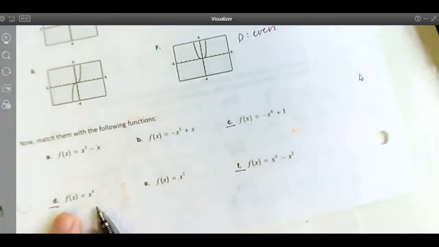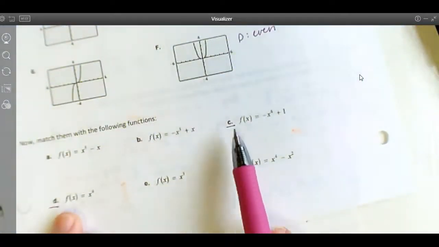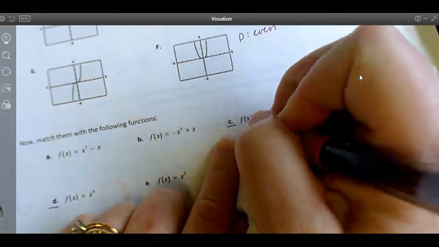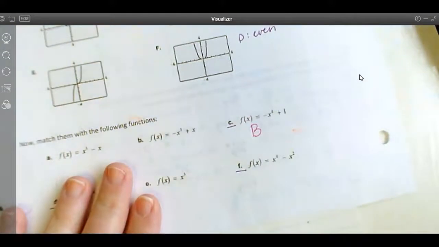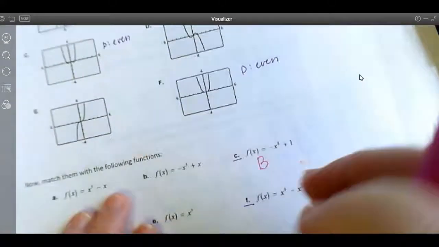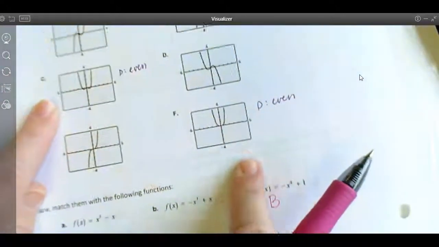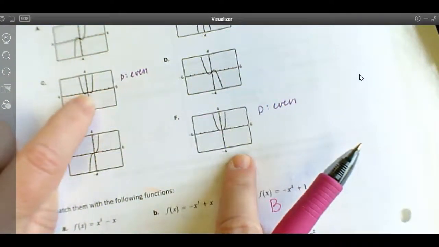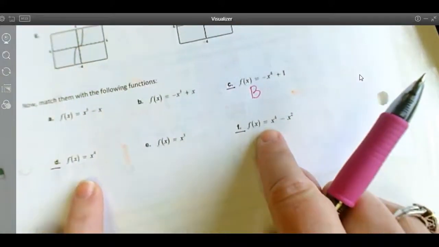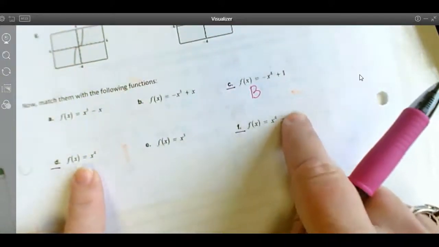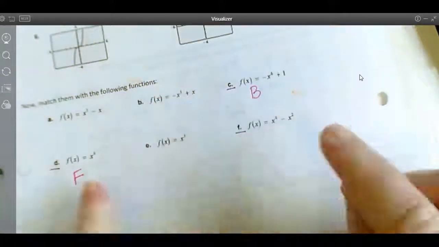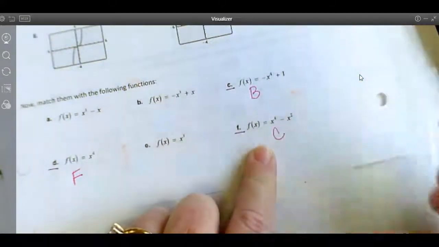So looking at those three, C has a leading coefficient that's negative, so little c has to be big B. Look at the other two, little c and little f. The only difference is this one has a little something going on there. When I compare these two, this is basic and this has something going on. Basic is going to be the big F, and something going on is the big C.